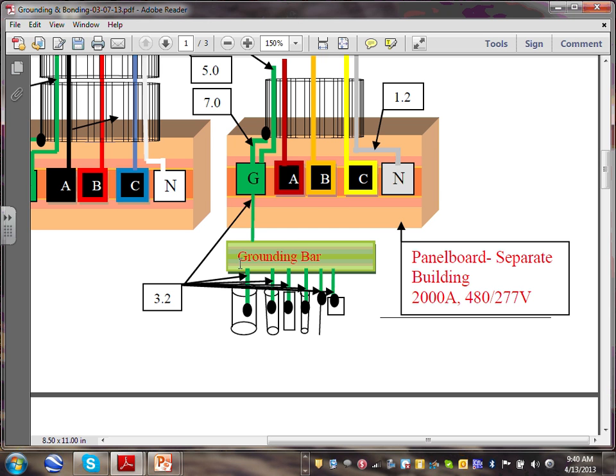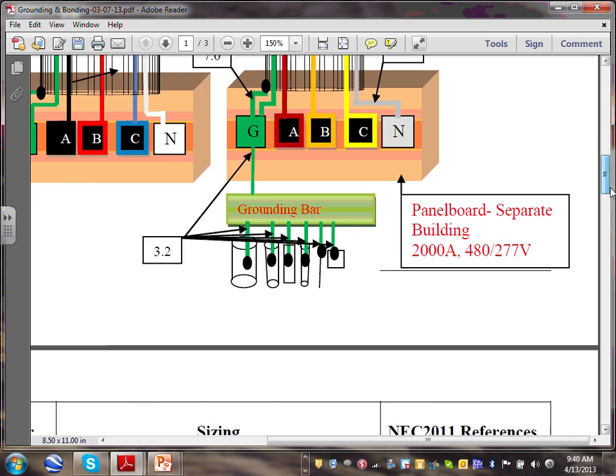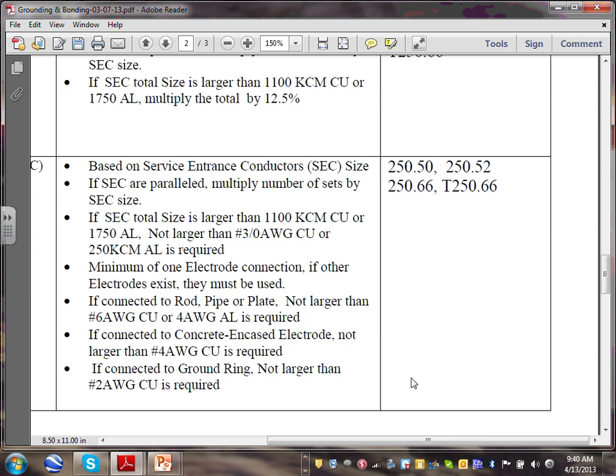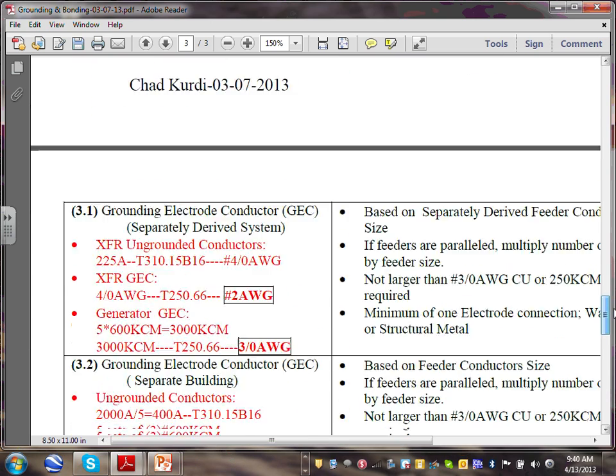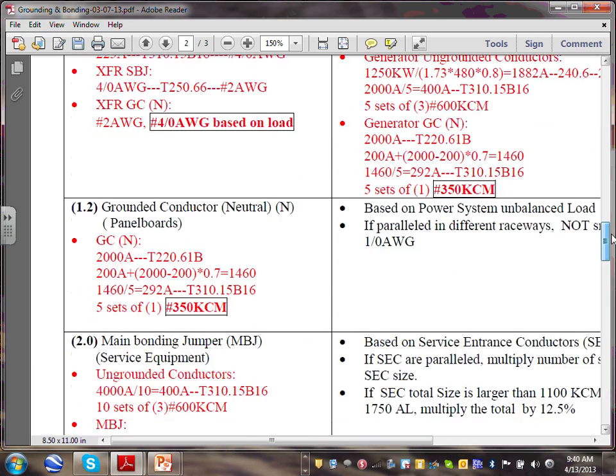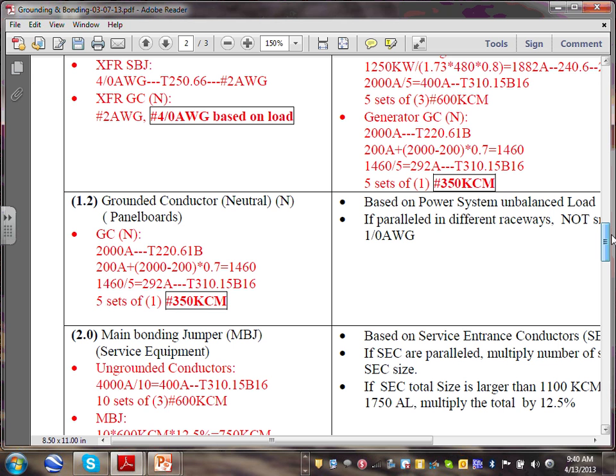So that's the only thing that we're going to provide. I'm going to go, guys, quick right here and just show the 1.2, the size of the neutral. Let's go to 1.2 quick here, and these are the ones for the neutral. I like to pick on the neutral. So where's my 1.2? 1.2, grounded conductor.